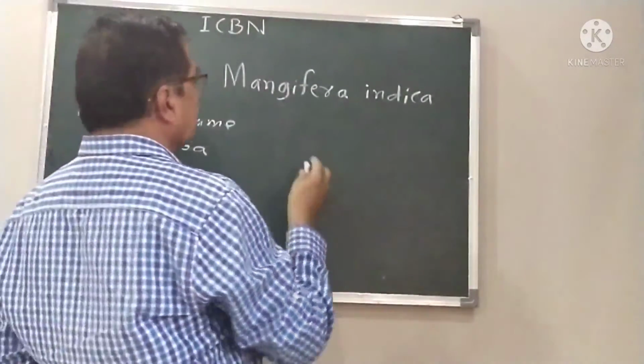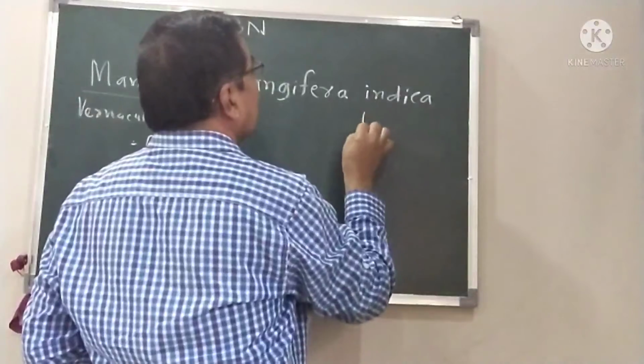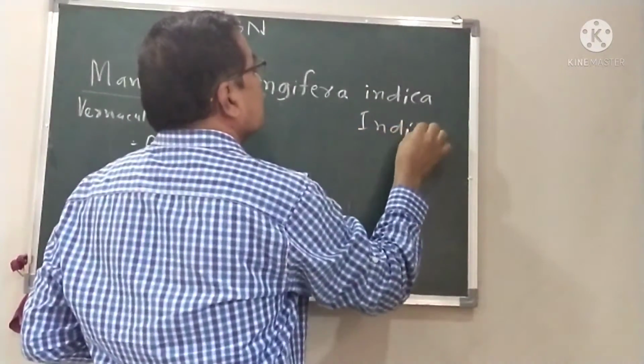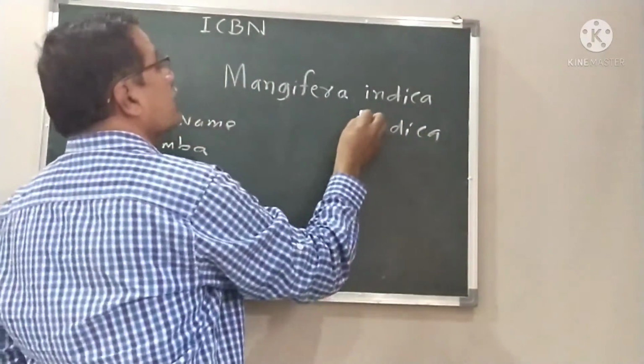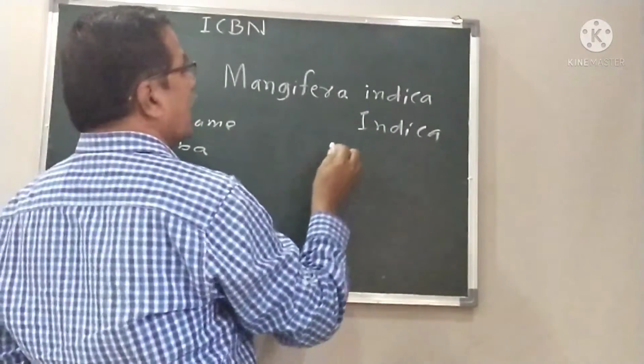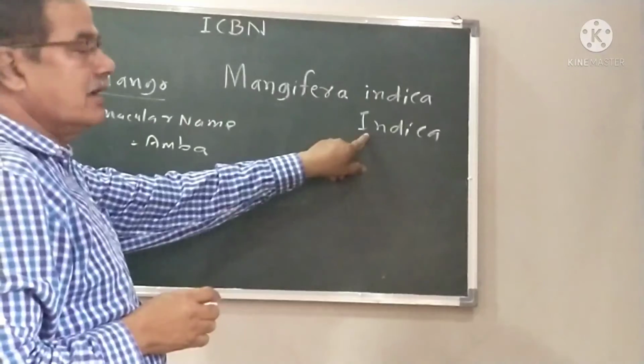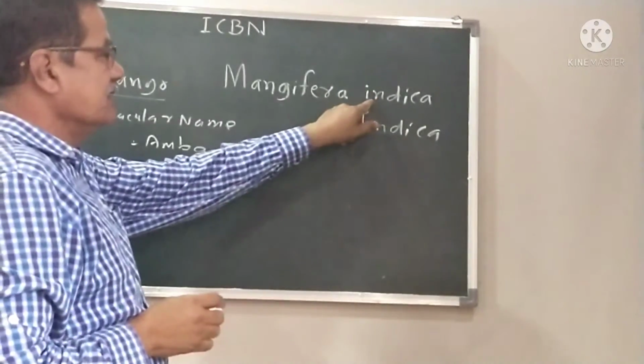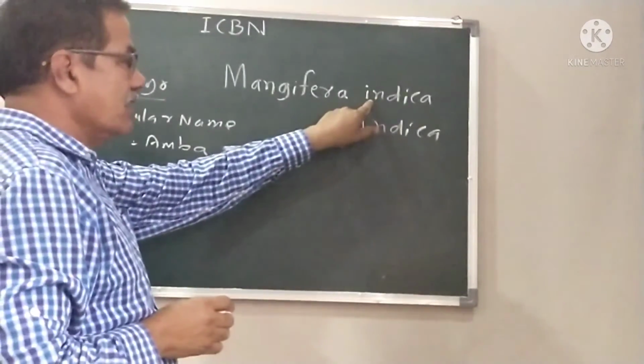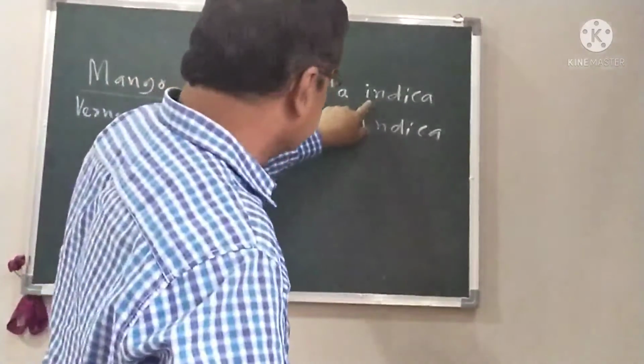We have not written Mangifera with M capital and Indica, India meaning, with capital I written. This is a wrong answer. The species name always begins with a small letter.